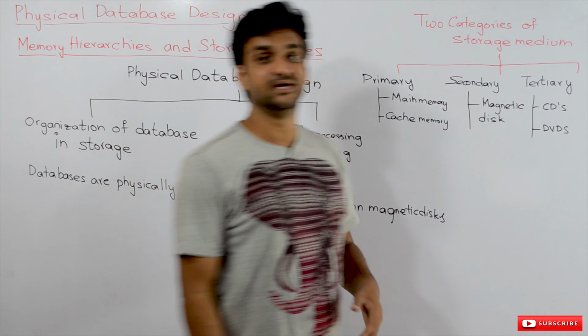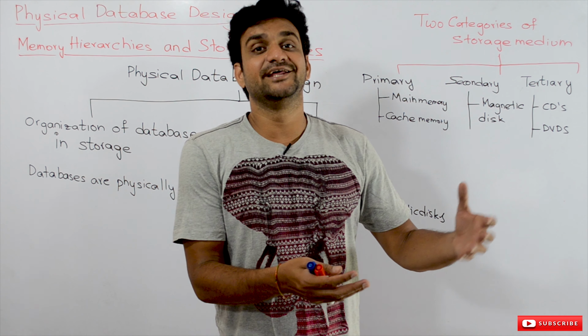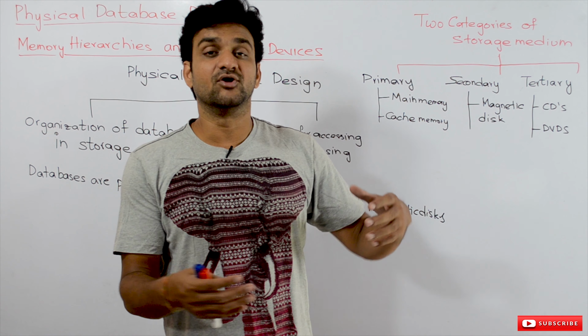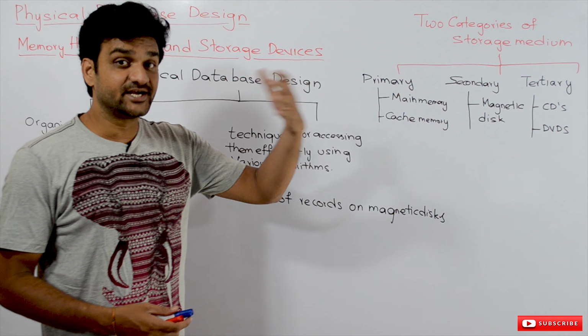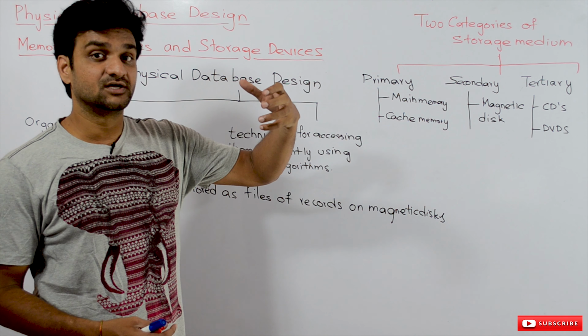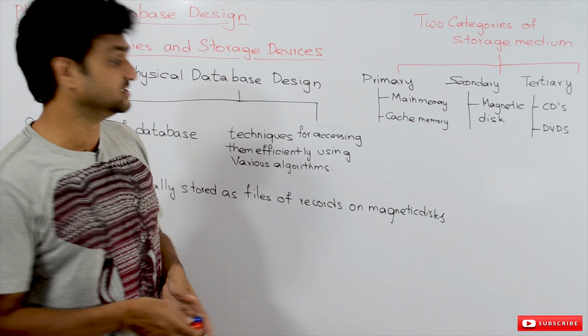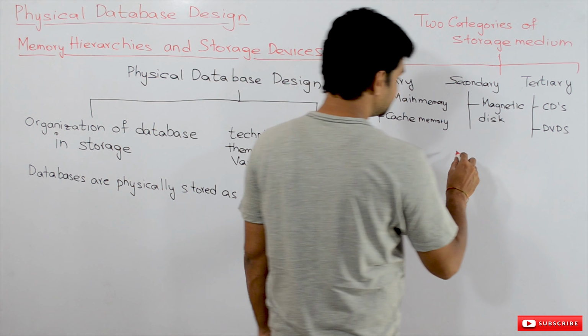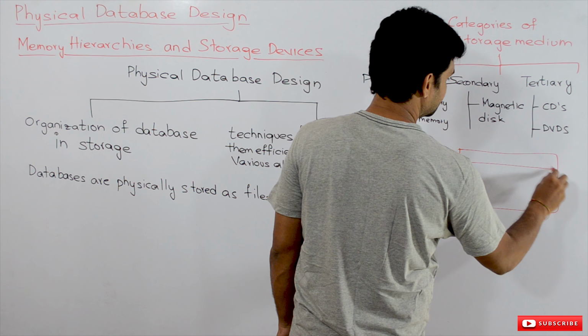What does it mean? So far we have covered nearly 90 to 100 videos. In all those videos we have visualized the data. The collection of relations in a database we have visualized so far as tables.